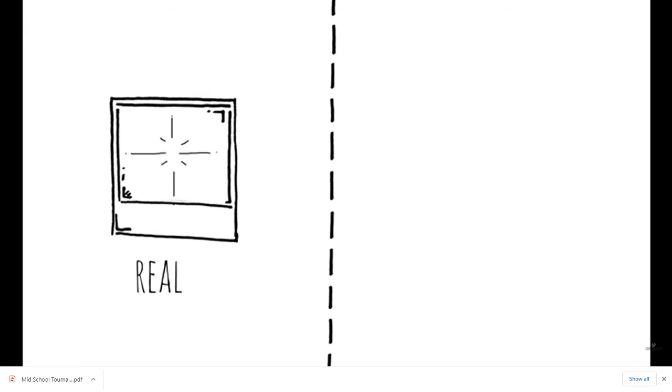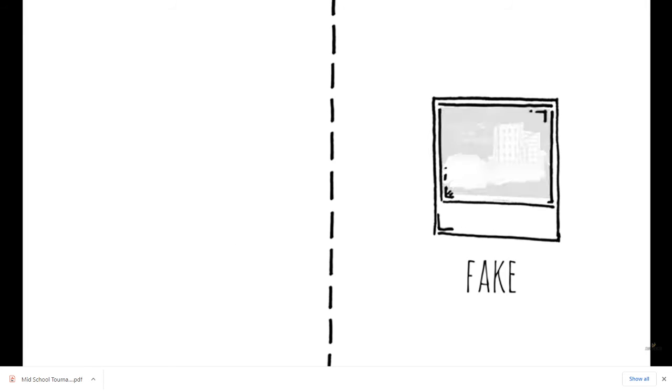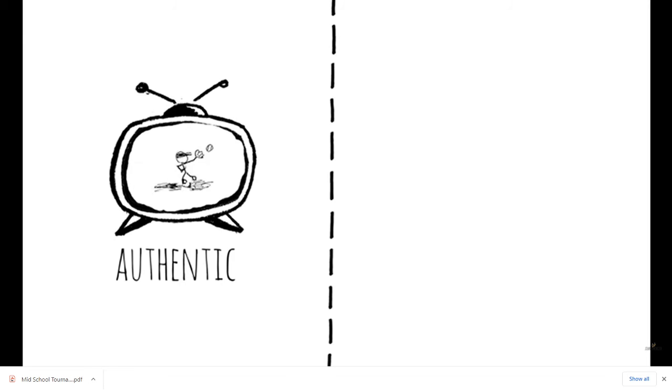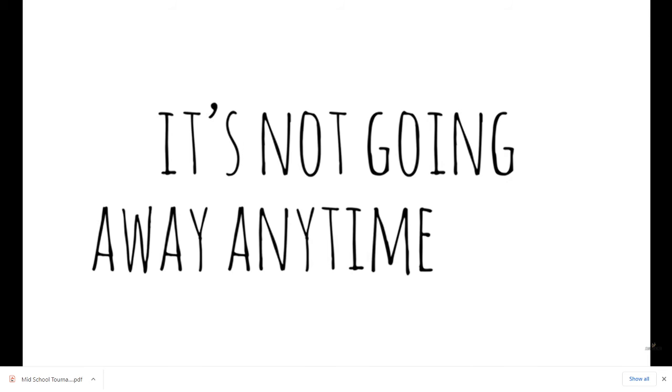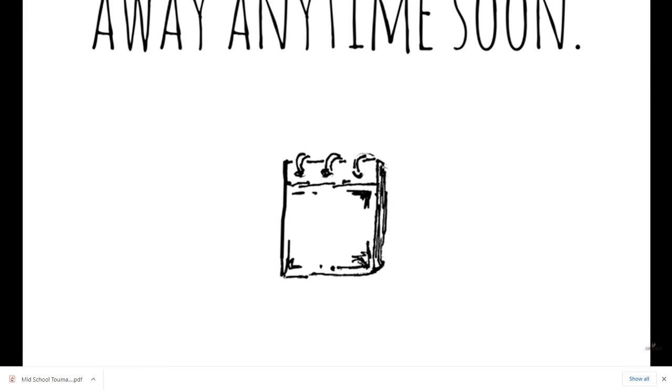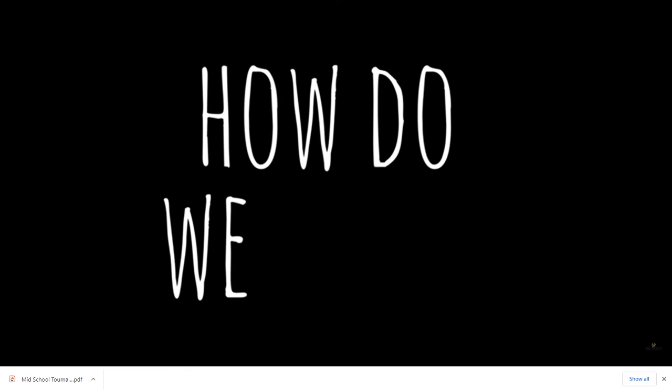Students also had a hard time distinguishing between real and fake photographs, as well as authentic and staged videos. Researchers use the words bleak and dismaying to describe this, but it's not going away anytime soon, and that's a very real problem. So how do we fix it?